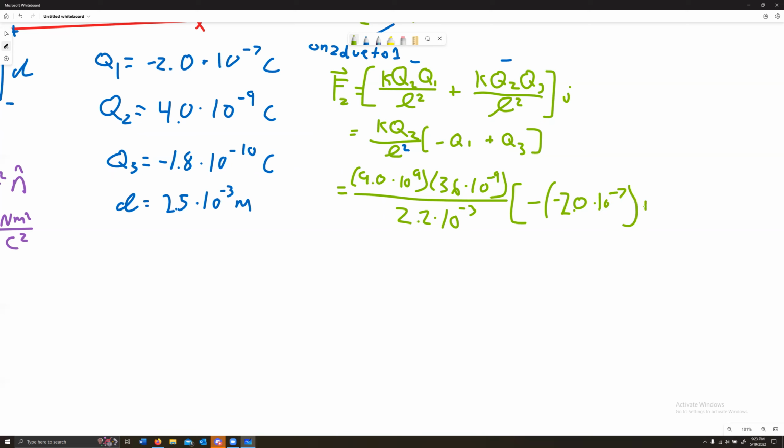I think you messed up one of your numbers. The Q3, the 3.6. I think you must have looked at your other notes. Oh yeah, you're right, that's the wrong number. Negative 1.8 on that one.